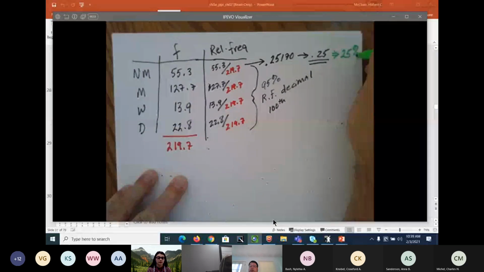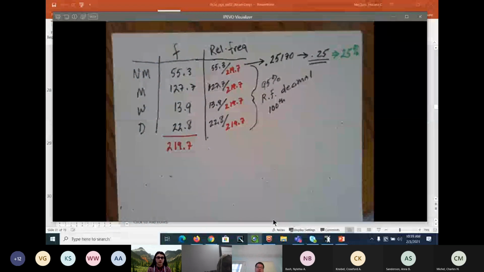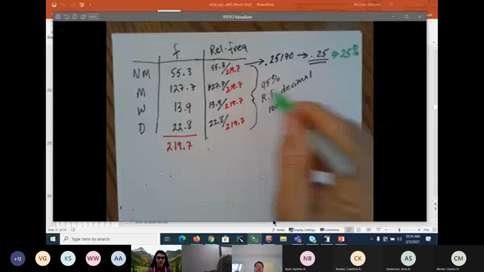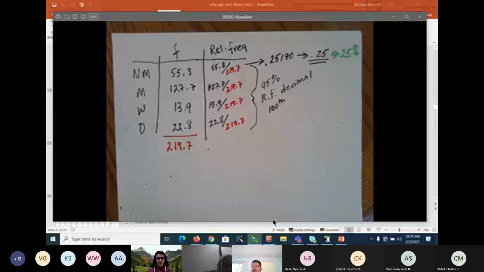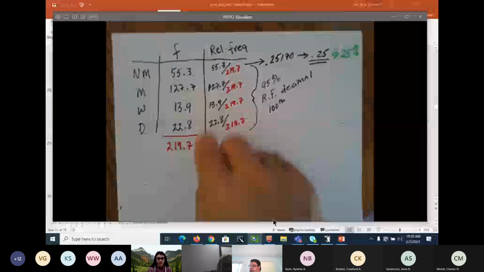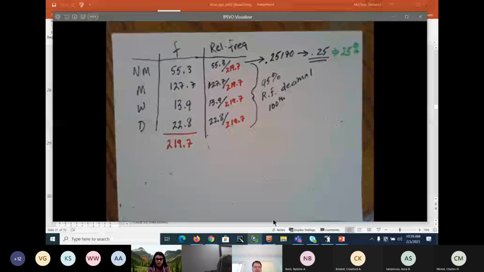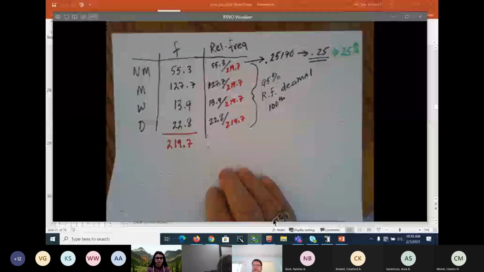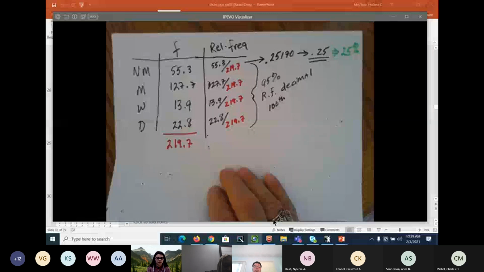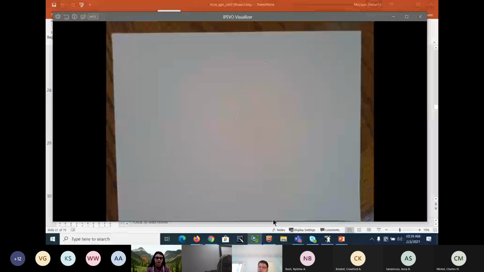And that's what you would do for each one of those, just to put percentages in your pie chart if it asks that. Relative frequency is percentages, but most of the time they ask you on relative frequency, they ask you for decimals. For pie chart, percentages. Okay, thank you.